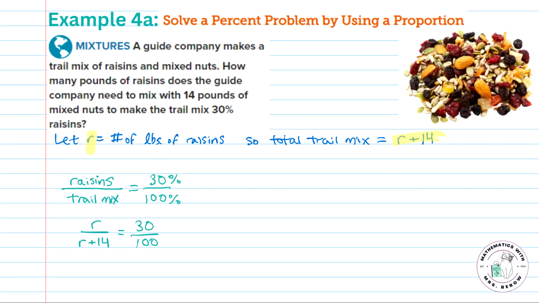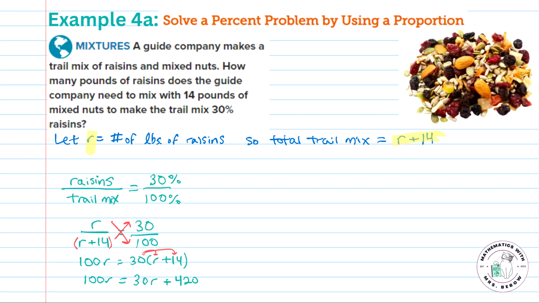So then we would go through and solve this, right? We would use our cross products. R times 100, 30 times this entire quantity of R plus 14. So we'd have 100R equals 30 multiplied by this R plus 14. If we distribute that 30 to everything inside the parentheses, we're going to have 100R equals 30R plus 420.